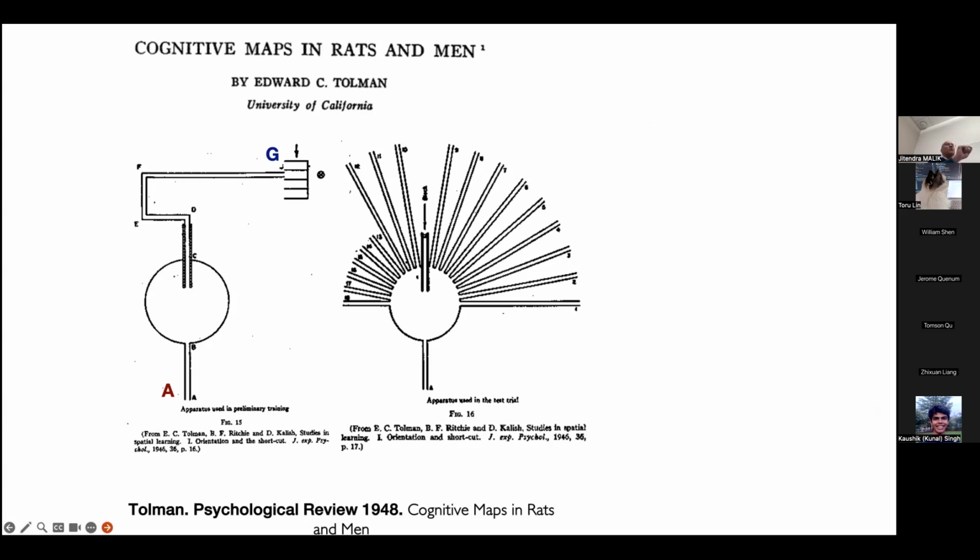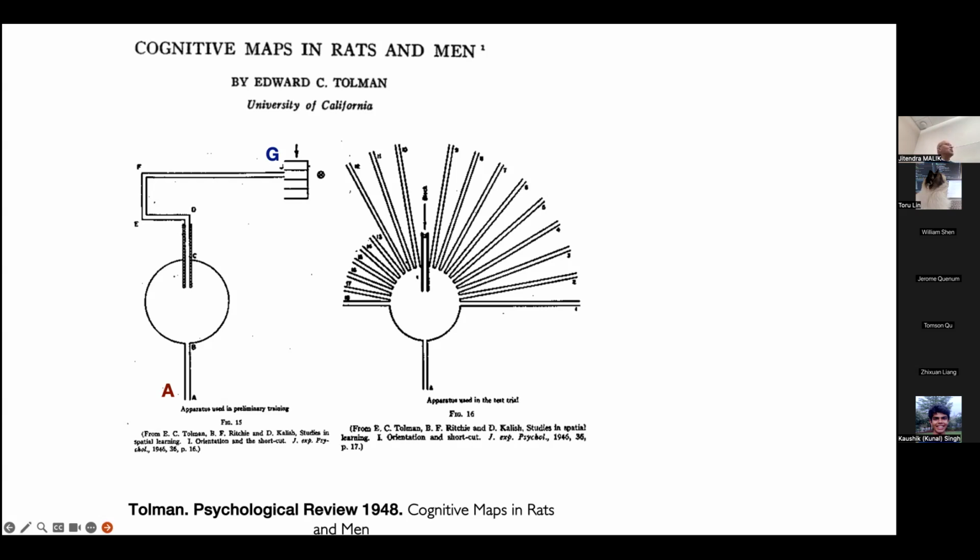If your theory was that it's all reactive, then you would not get this efficiency which you get from building a map. Once you build a map, you can find the shortest path. So if the rat has built a map of the environment in its brain, then the rat can find shortcuts.